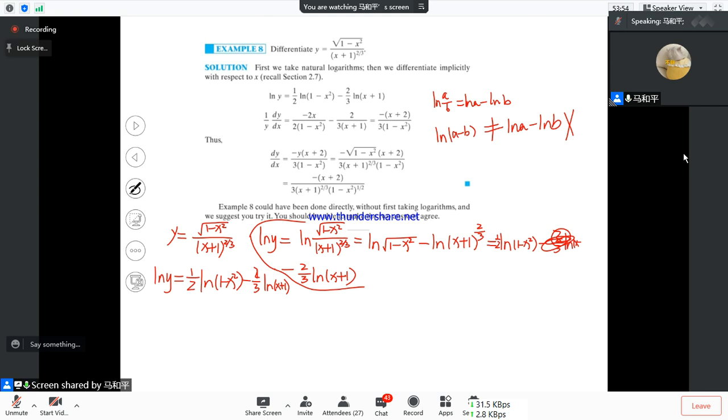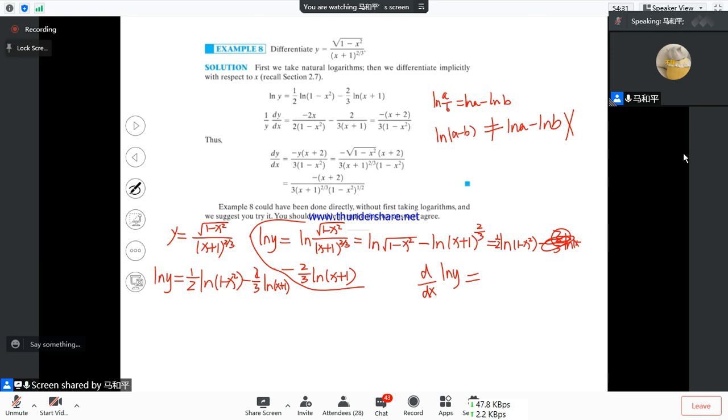And then we differentiate implicitly with respect to x, both sides. We learned it last semester. Do you remember this? d over dx of ln y. Do you know this? We can regard it as a composition.